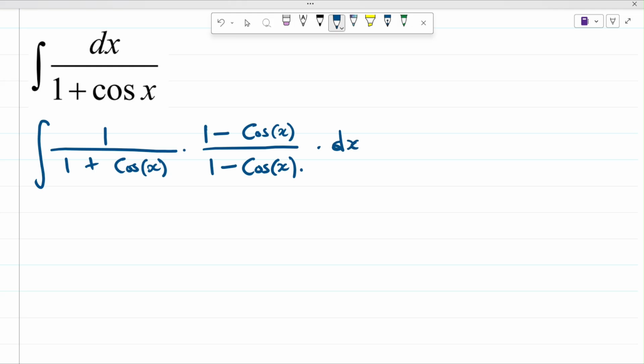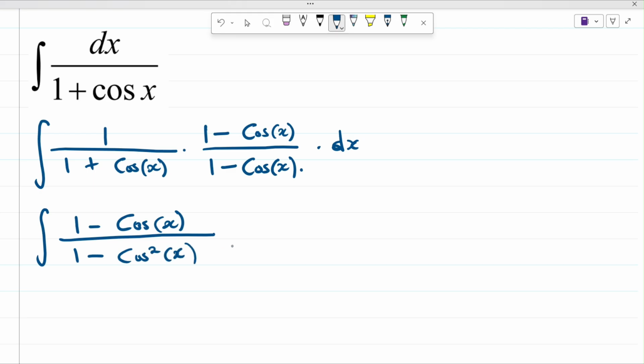So that's it. And then from there, you're going to multiply the numerator and the numerator, and then the denominator and the denominator. On the numerator we will get 1 minus cos of x, and on the denominator we will get 1 minus cos squared of x, and then dx.